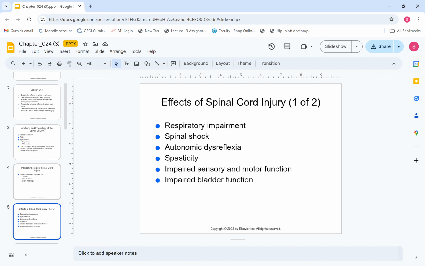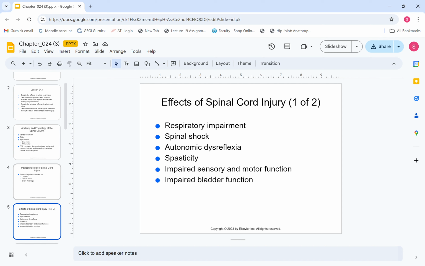So once this is triggered, it may cause blood pressure to go way too high, maybe even into hypertensive crisis, that high. It's going to cause the heart to beat very, very fast, tachycardia.